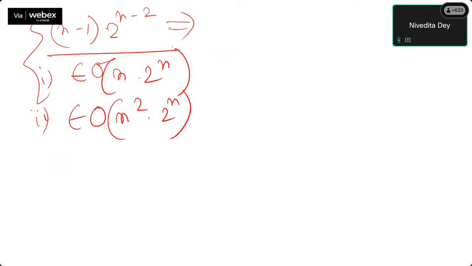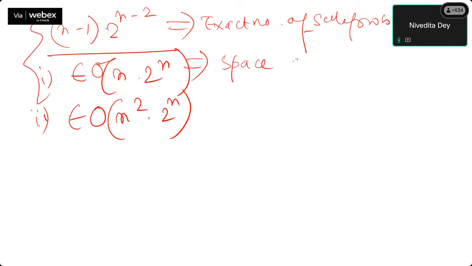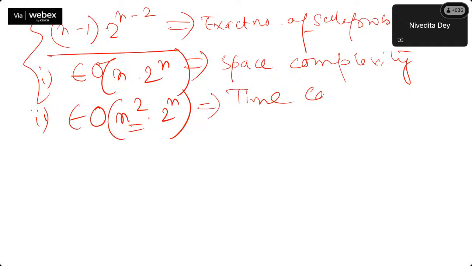So this is the exact number of subproblems, this is the space complexity, and this is the time complexity.